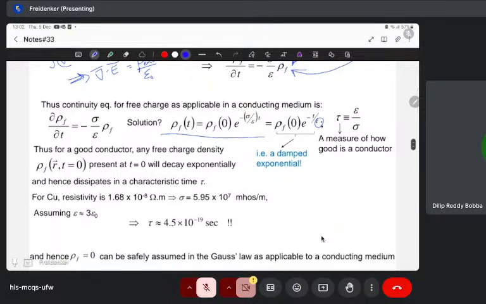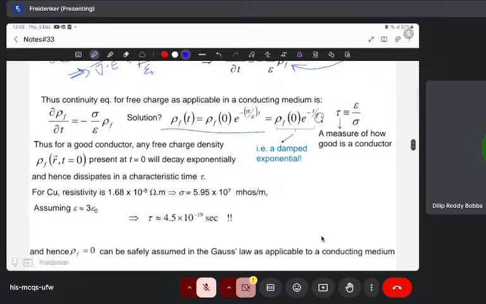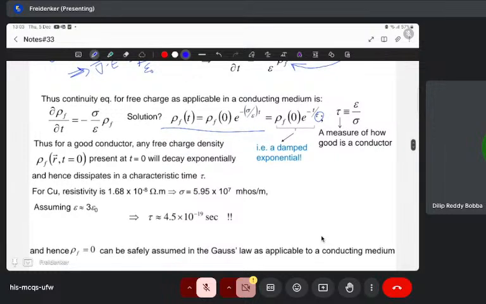That means it's a good conductor, isn't it? Or is it a bad conductor? Okay, if it's a good conductor, then sigma should be large, and if sigma is large, then tau will be less. If tau is less, that means it will take very little time for the entire free charge to get dissipated.